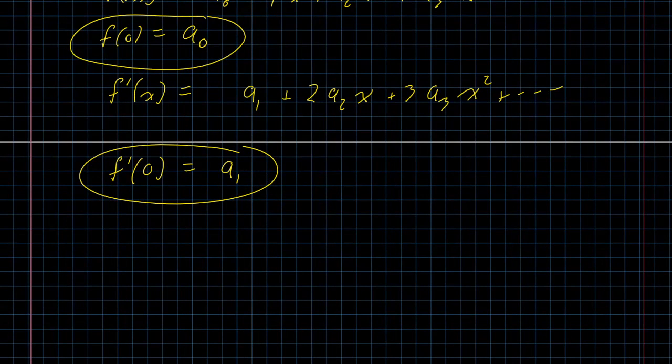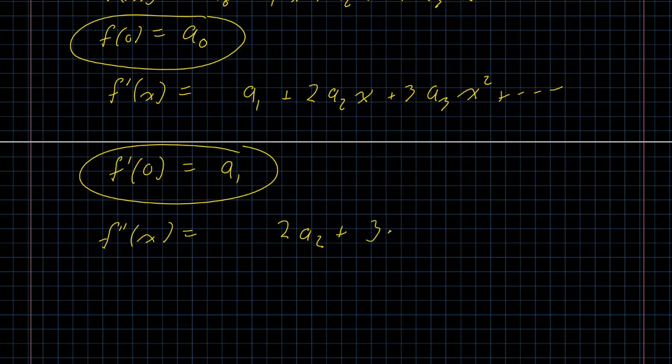Because if we look at the second derivative, right, a1 goes away. The x term, derivative of x, is still 1. But instead of having just a2, we have 2 times a2. And then in my third term, I've got 3a3 times the derivative of x squared, which is 2x. Right?